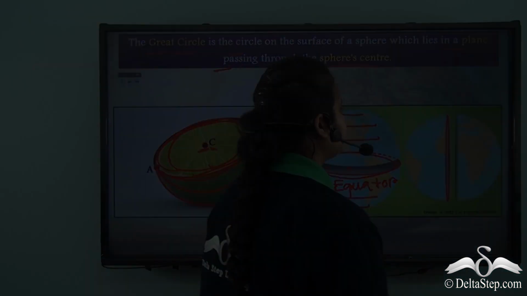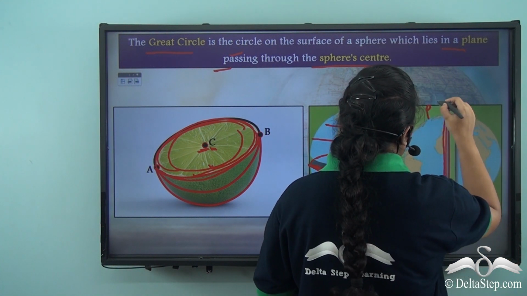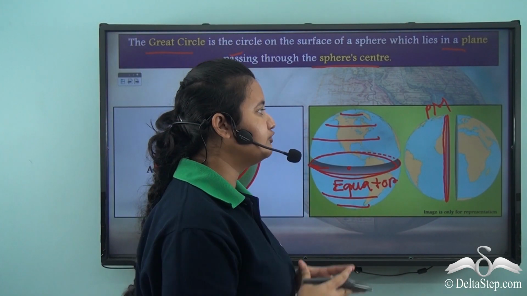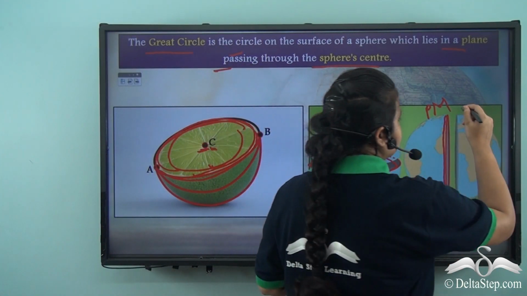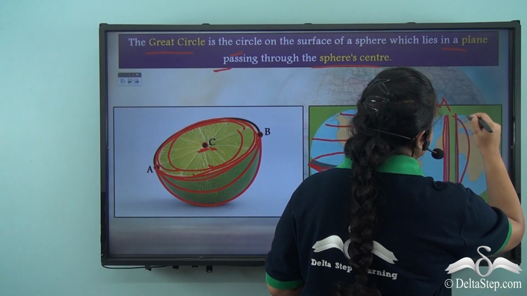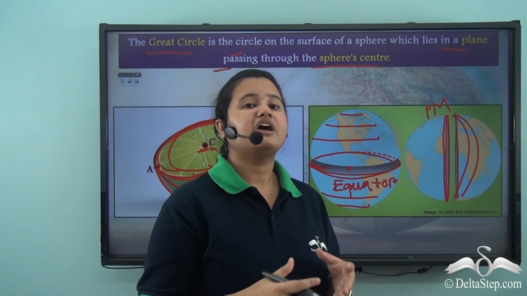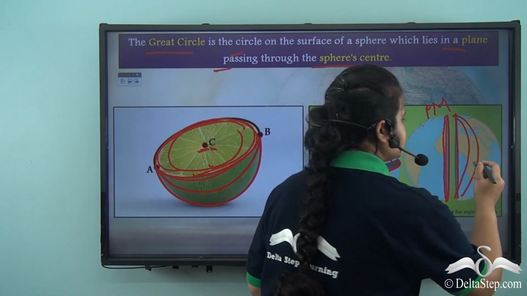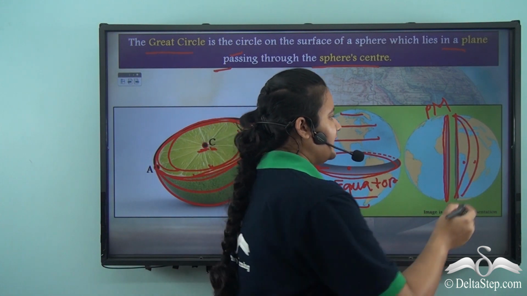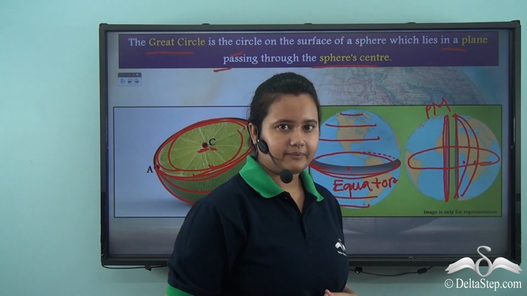Let's check. Well, let us imagine that this one is the prime meridian. Now we know that all longitudes are of equal length. So this is another line of longitude, this is another one, this is another one. Now if you remember, while drawing the longitudes, we found that the points through which the longitudes were passing lie within the circumference of the orbital plane.